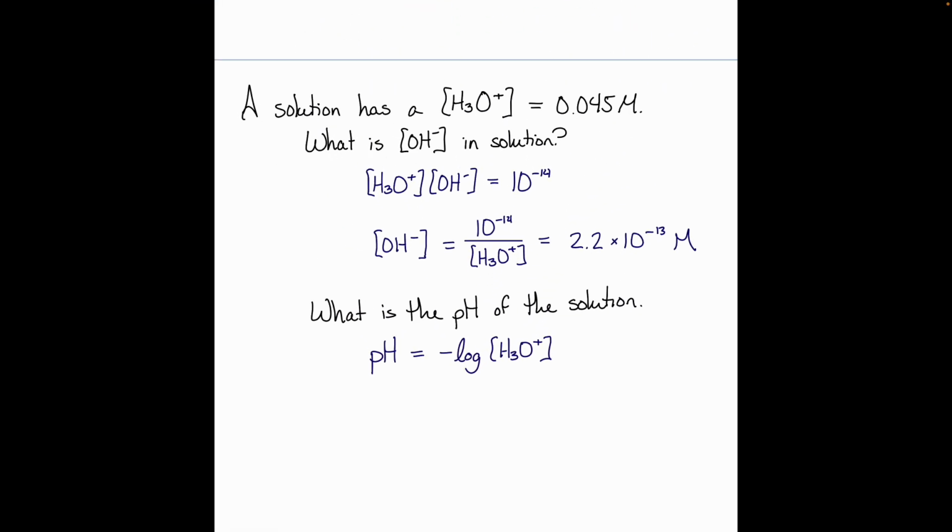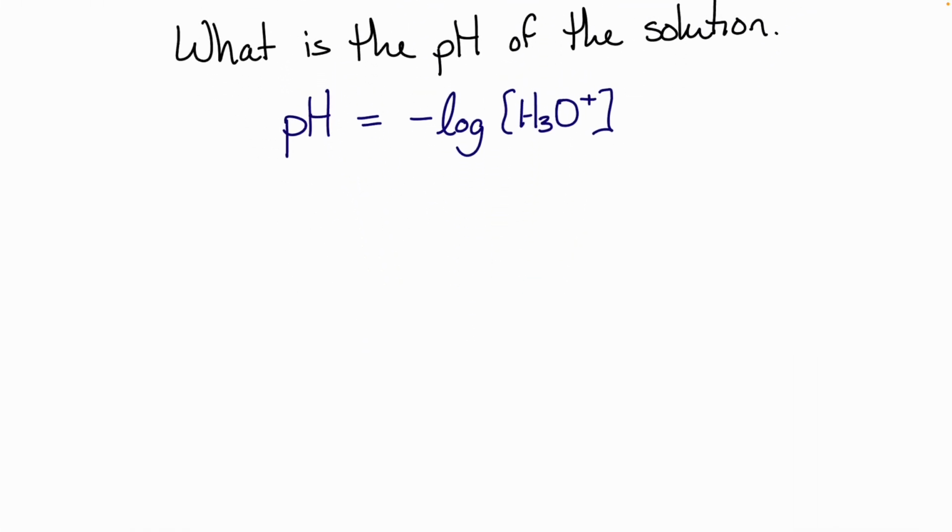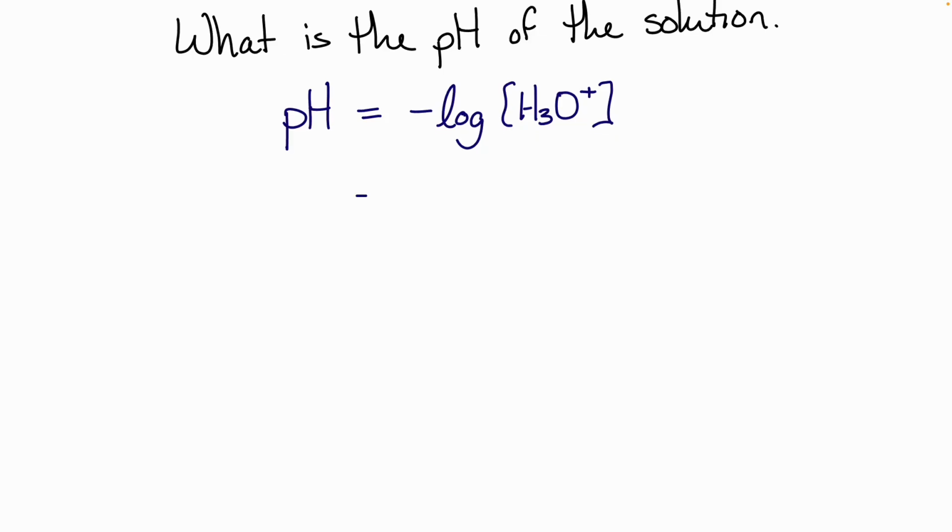Since I knew my hydronium ion concentration, I'm going to plug it into this formula and take the negative log of 0.045.